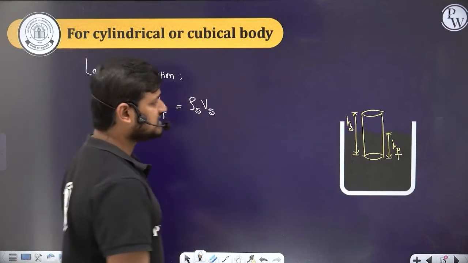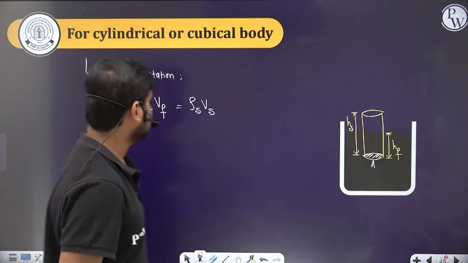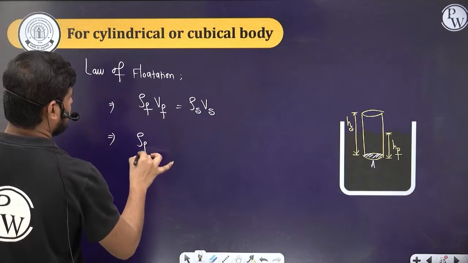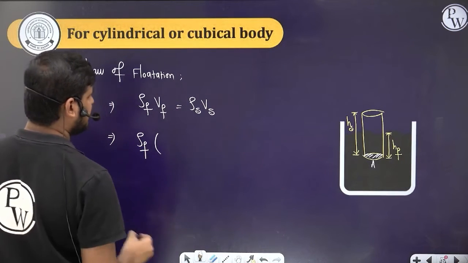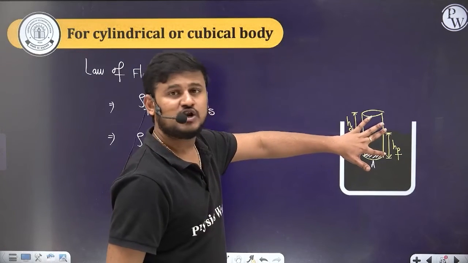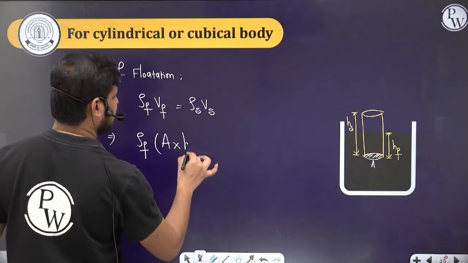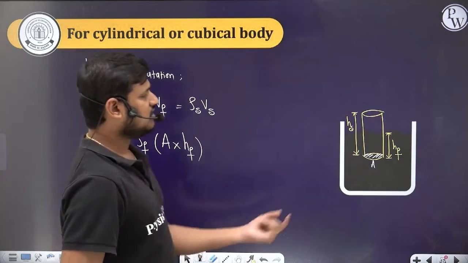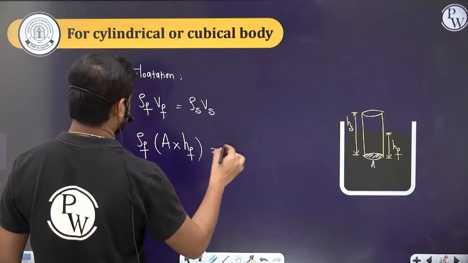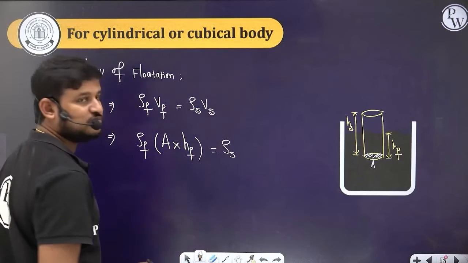Let's consider this cylinder has cross-sectional area A. In place of the volume of the displaced fluid, I write the cross-sectional area into the height of the fluid displaced, Hf, which equals rho s into the volume of the complete solid.